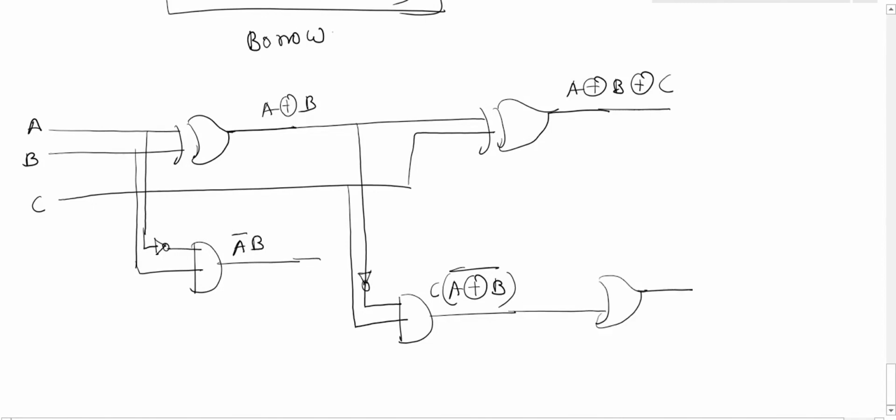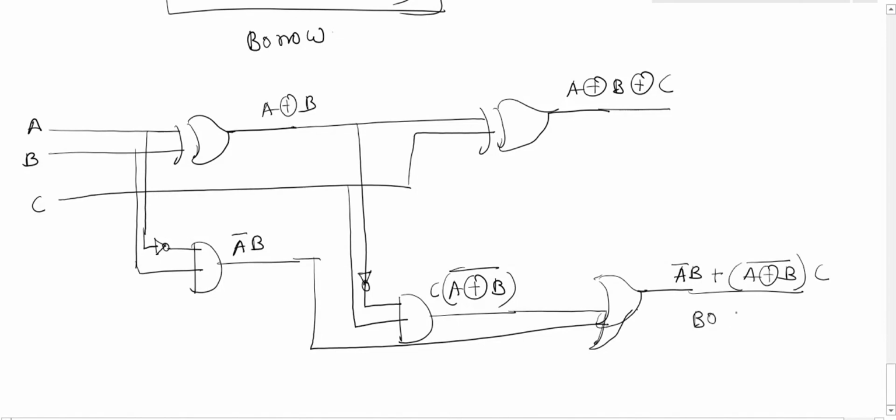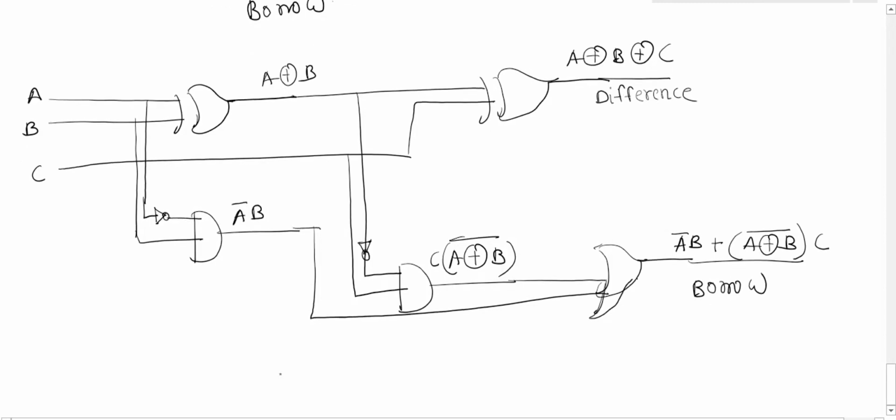This OR gate will take the first input as A bar B and the second input as C times not of A XOR B. So my output is A bar B plus not of A XOR B and the C, which is nothing but the borrow, and the other output is the difference. Now this is the logic design of a full subtractor using two half subtractors.